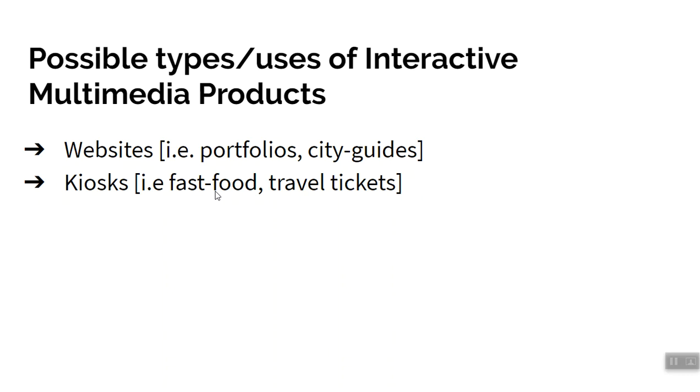You go into a fast food restaurant like McDonald's, and you can use a kiosk to order and select your food. Railway stations might enable customers to buy travel tickets from there. They're standalone kiosks that don't have a person manning them. The user can just interact with them and do what they need to do.